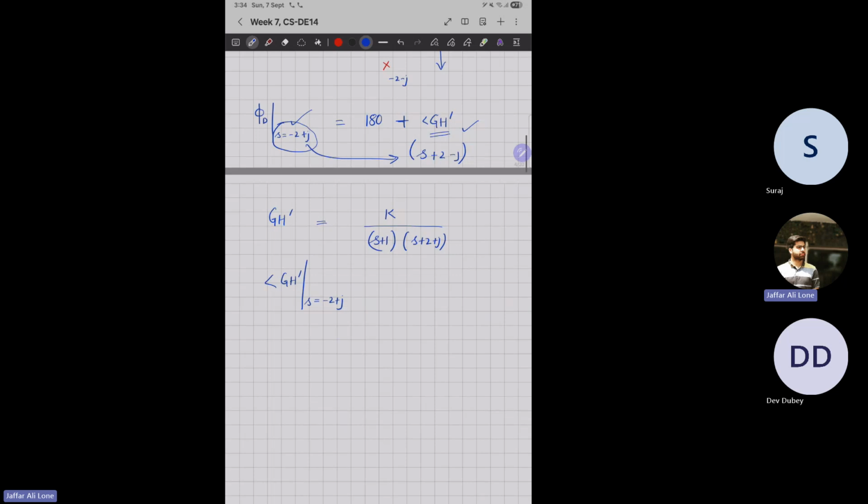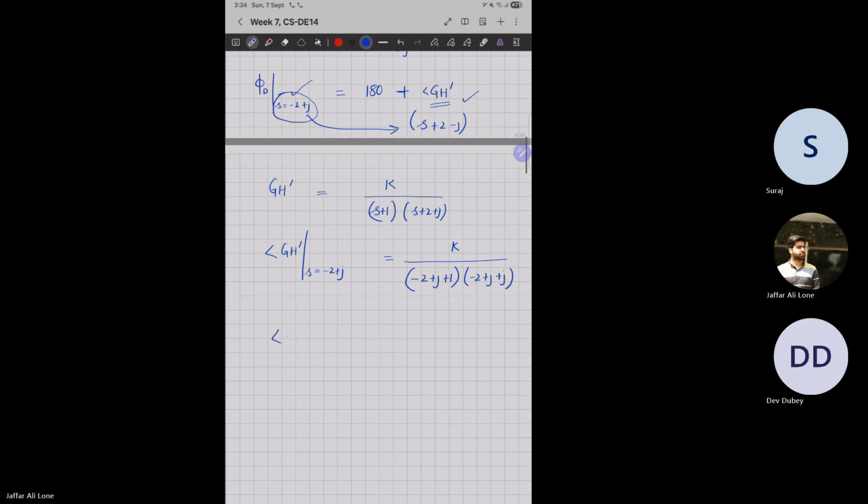So I have to put s equal to -2 plus j, which gives K divided by -2 plus j plus 1, times -2 plus j plus 2 plus j. There are other ways as well to calculate this angle, but this is the most simple and straightforward. I just put the value of s.